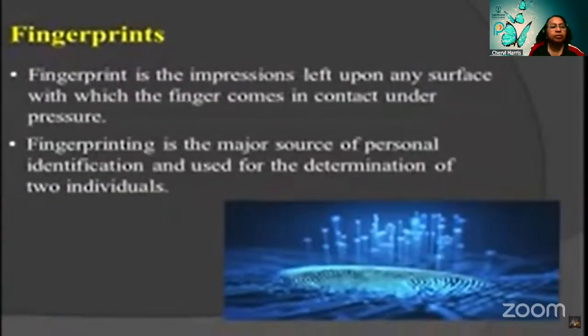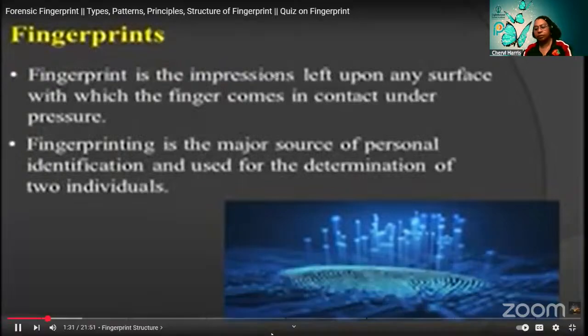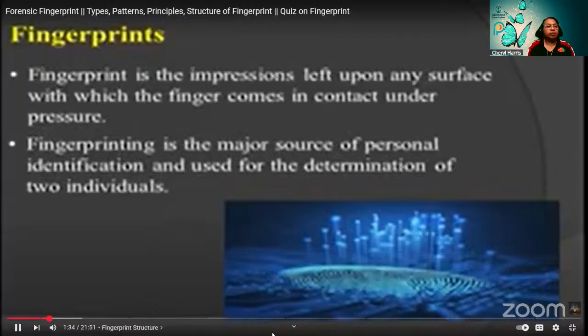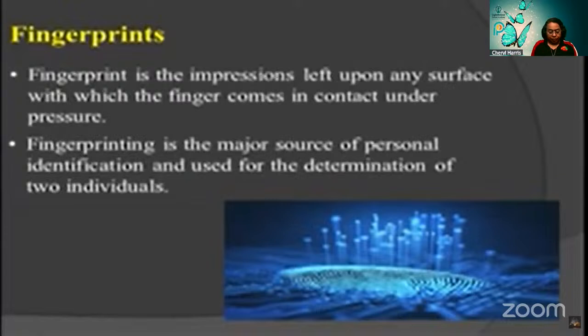Fingerprint is the impression left upon any surface with which the finger comes in contact under pressure. So it means that when you put your finger on a source and it takes your finger impression, that is basically a fingerprint. Sometimes it is visible, sometimes it is not visible. It depends upon the surface.